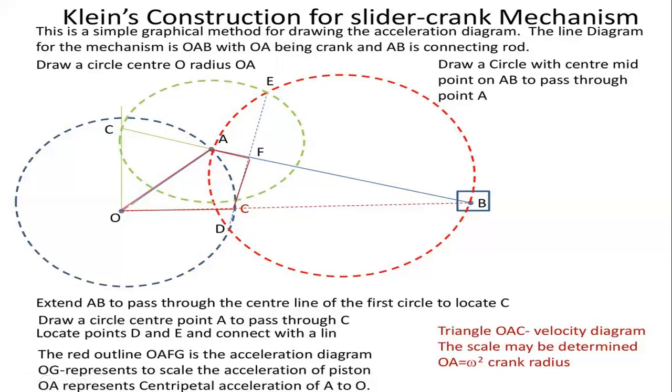So the red outline, that is OAFG, is the acceleration diagram, and OG represents to scale the acceleration of the piston. G is the point for the extension of the link OA. When you extend this link OA, the G point comes here.